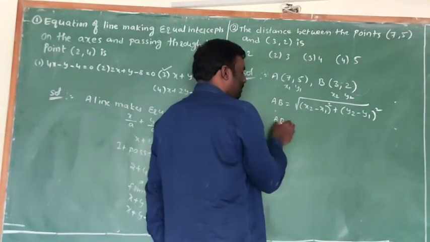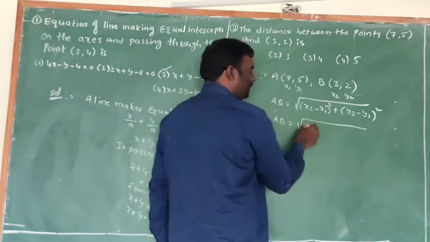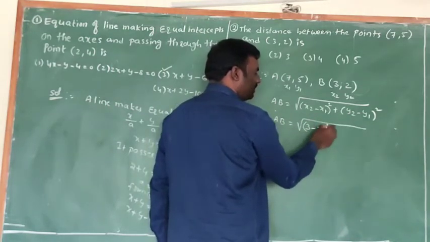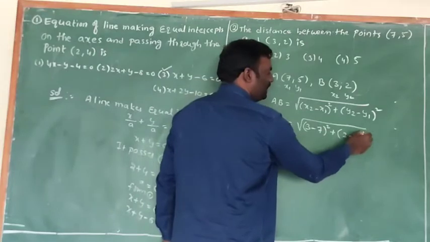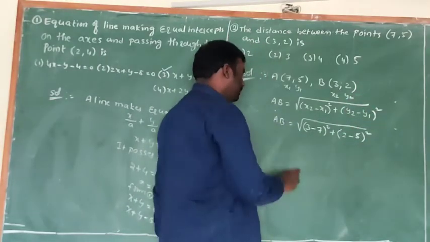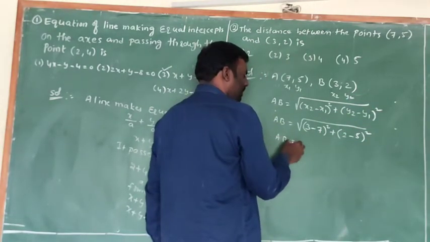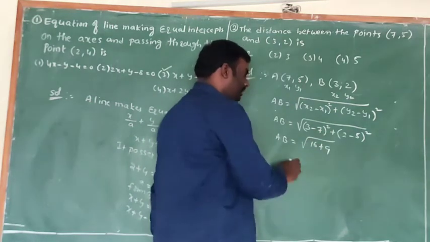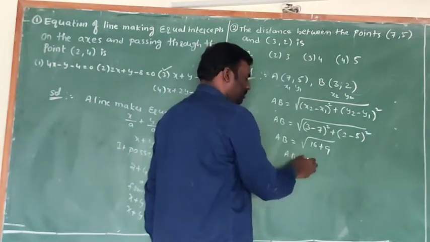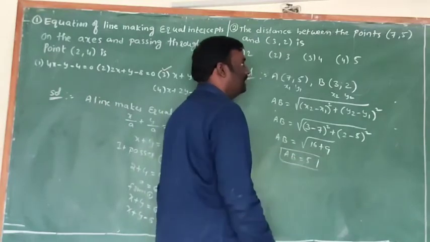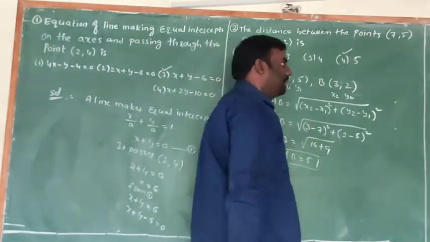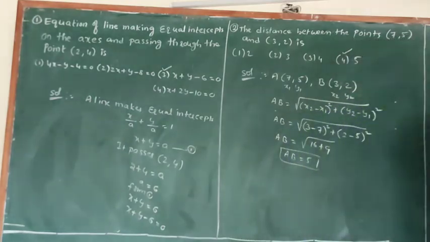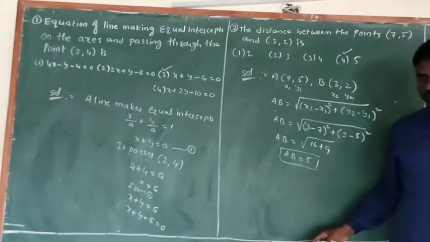Now AB equals under root of 3 minus 7 whole square plus 2 minus 5 whole square. 3 minus 7 is minus 4, whole square 16, plus 9. Now AB equals root 25, that is nothing but 5, that is option 4, the correct answer for this question number 2.